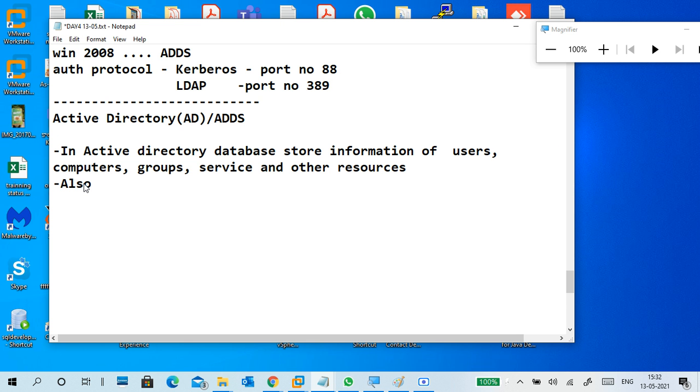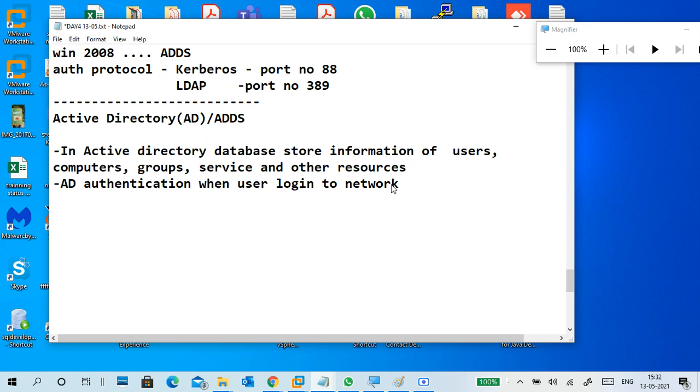Next, Active Directory also does a few things. Active Directory provides authentication services when a user logs in to the network.